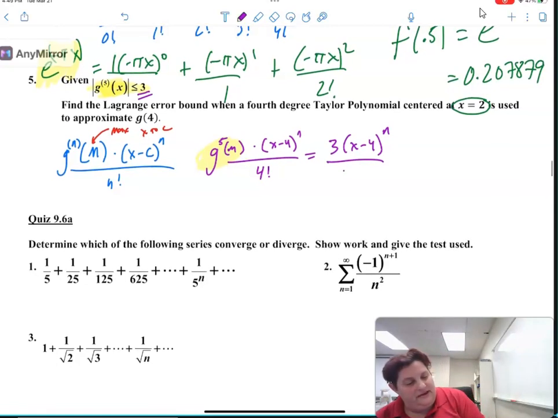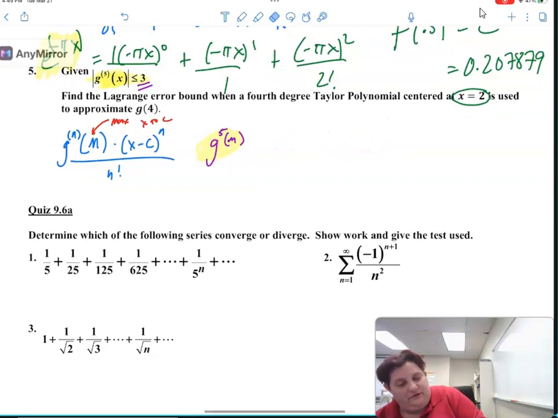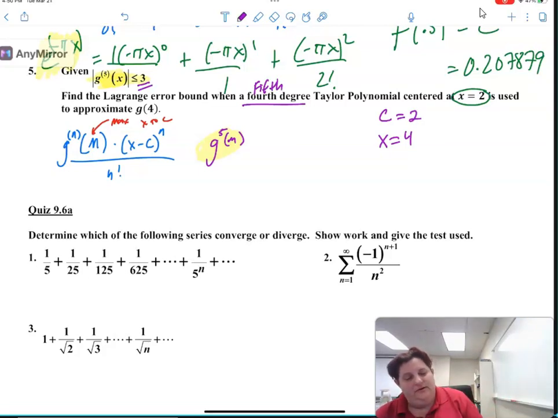I'm approximating g of 4, but I'm centered at 2. So x is actually 4, because that's what I'm looking for, and the center is actually 2. And for a 4th degree polynomial, I need to go one past it to find the error, so I need to go to the 5th degree to get that error bound.